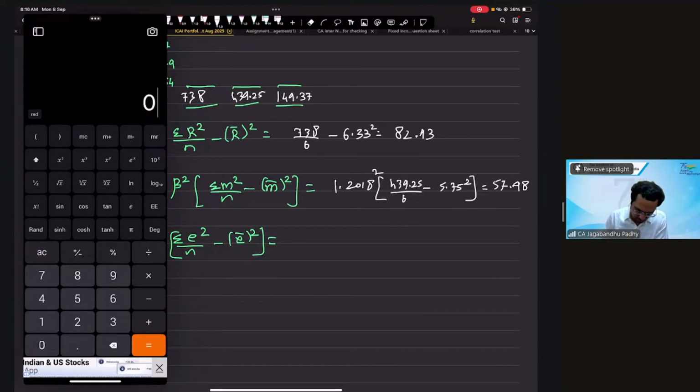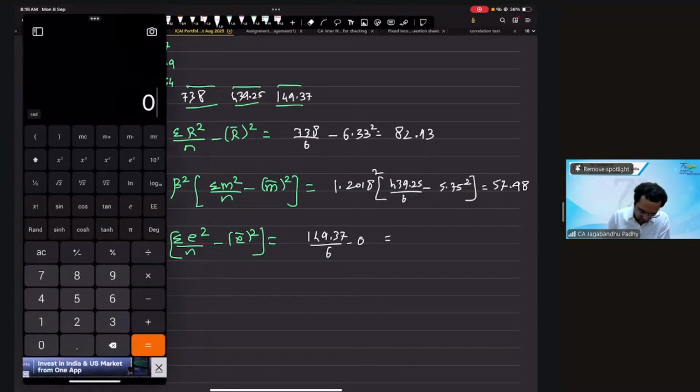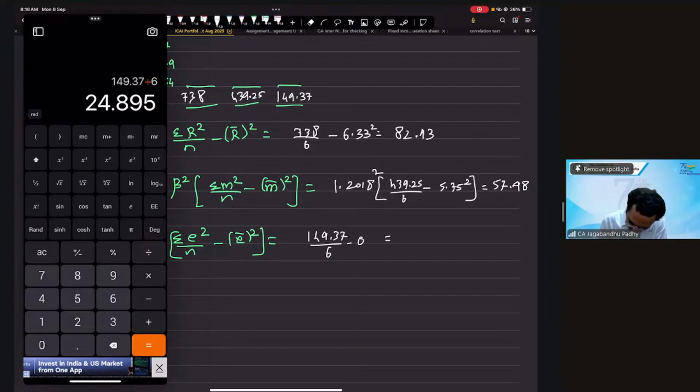Then this is 149.37 upon 6, which is 24.895.